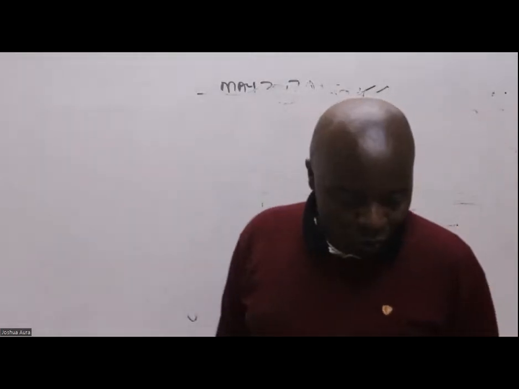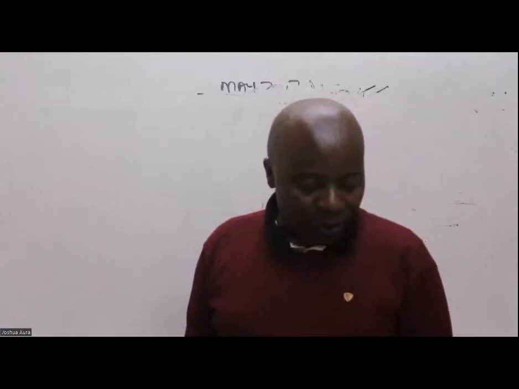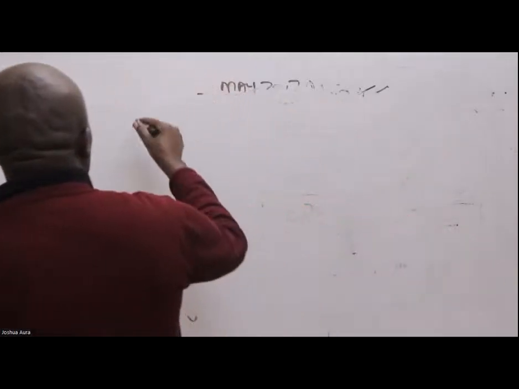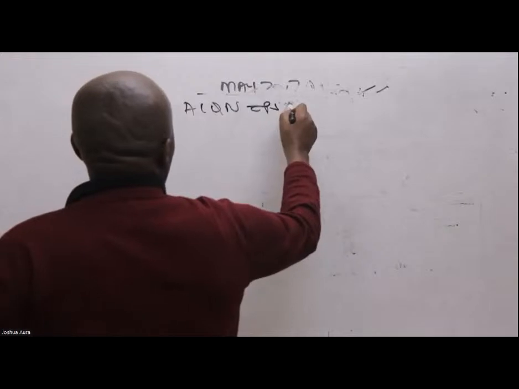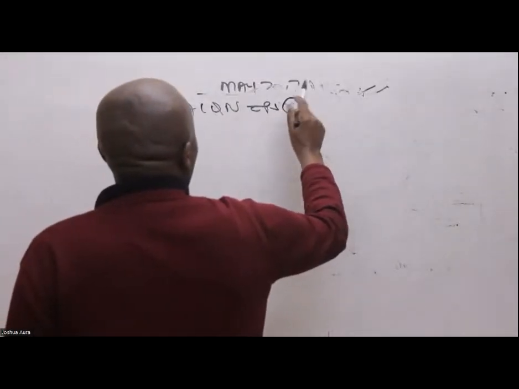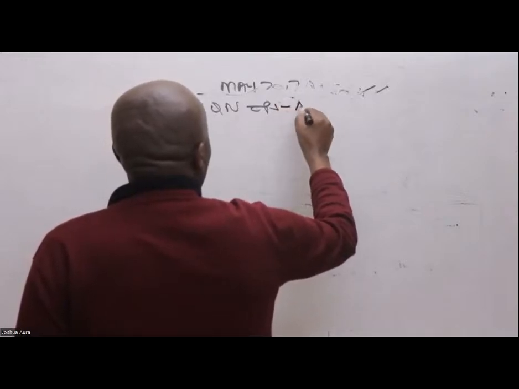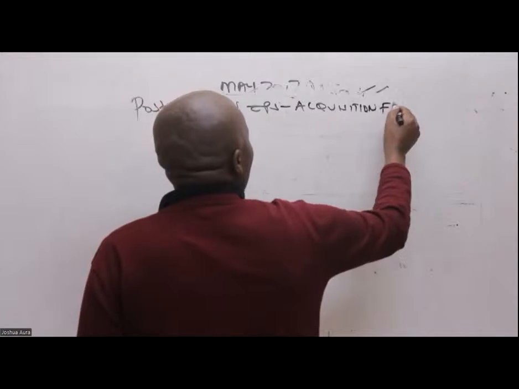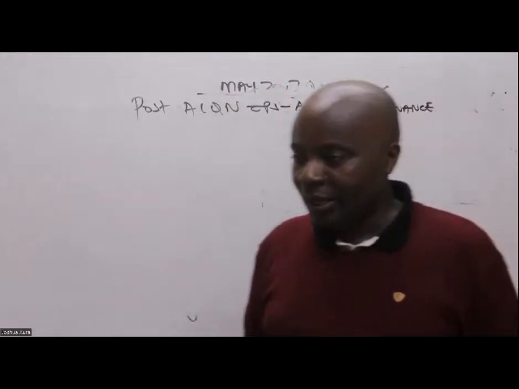Great. So then we go to Roman 3. They want us in this case to calculate again post-acquisition EPS, but this time around there is debenture stock. Now we're looking at Roman 4.